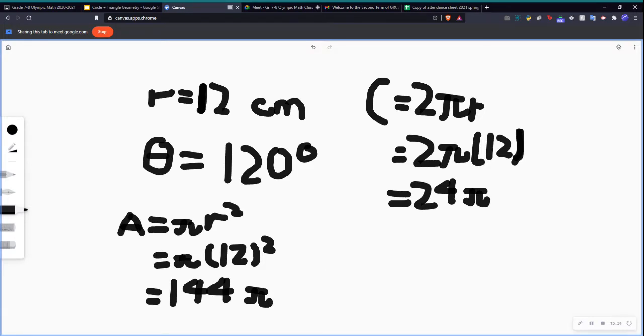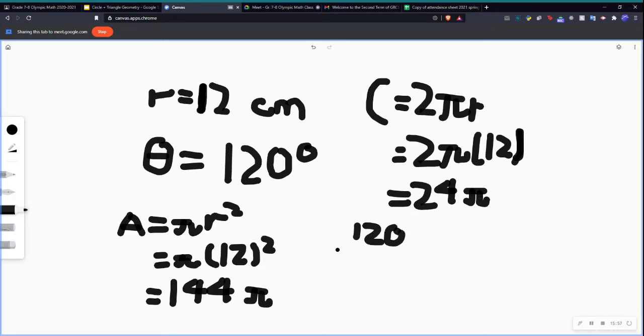Now we need to calculate arc length and sector area. So let's calculate our arc length first. Remember, arc length is just a fraction of the circumference of the circle. We want to know what that fraction is, and the way we do that is we use the arc measure and divide that by 360 degrees.